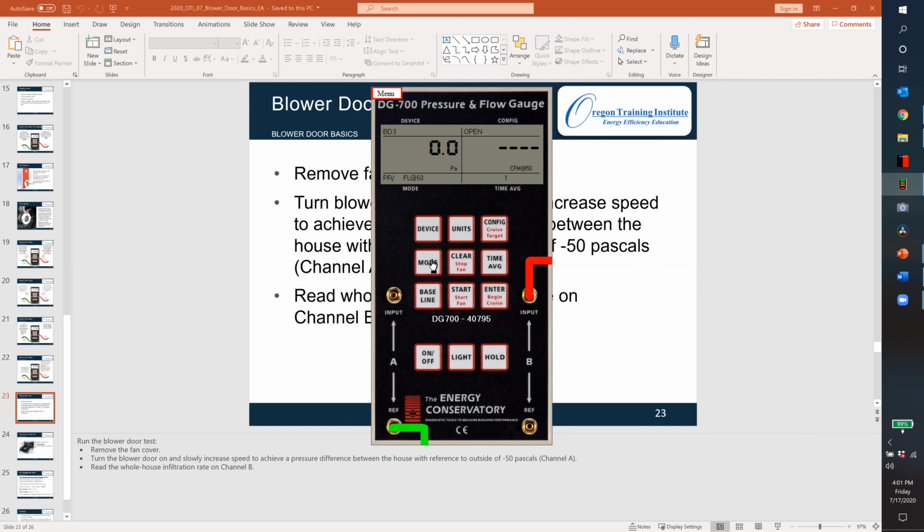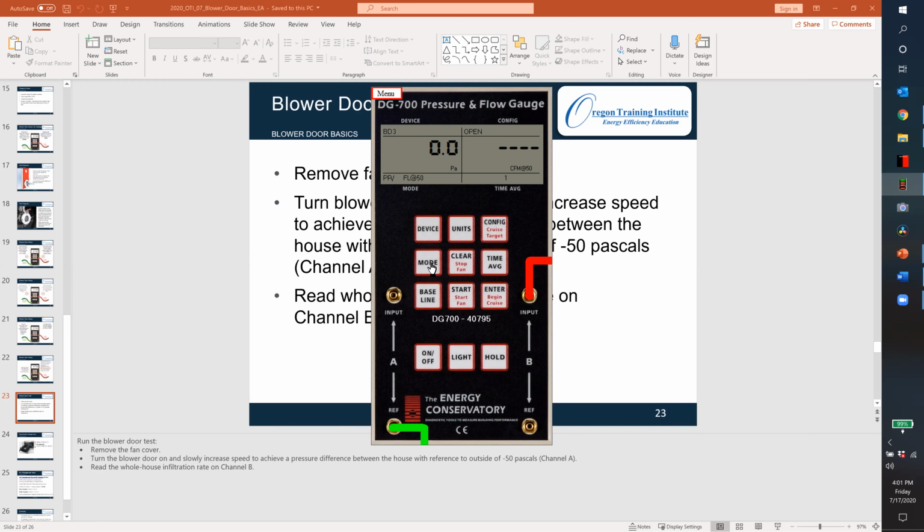And this mode is specifically for the blower door only. And what it does is it is going to calculate what the flow is at 50, even though we may not exactly be at 50. We might be plus or minus a bit. And it will convert it automatically.